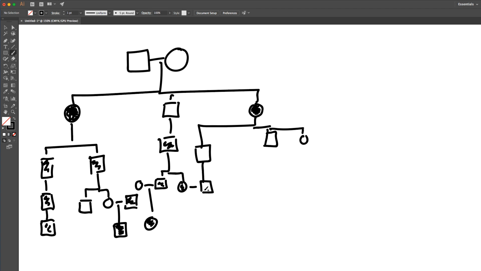So obviously these 2 people married and they're pretty closely related. Anyway, this daughter was afflicted, and this son had a daughter who was unafflicted, and this woman had a son who was afflicted, who married a woman who was unafflicted, and they had two sons that were afflicted.